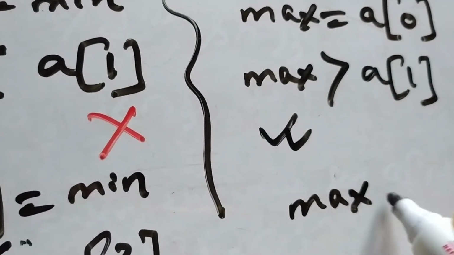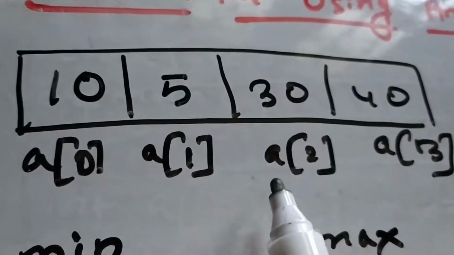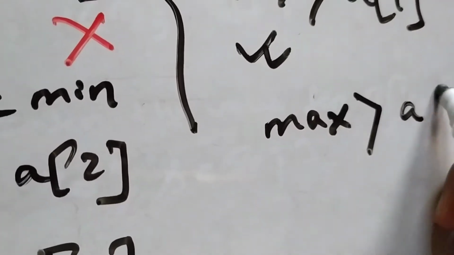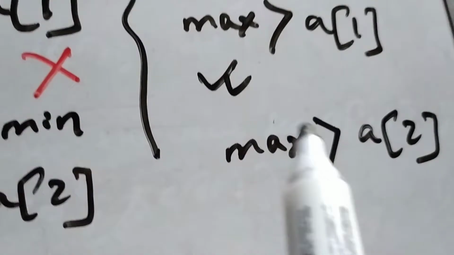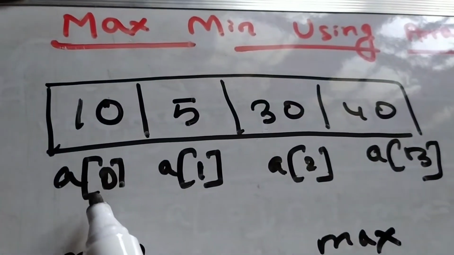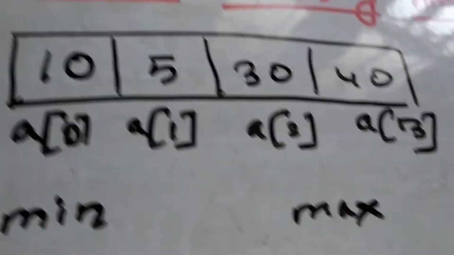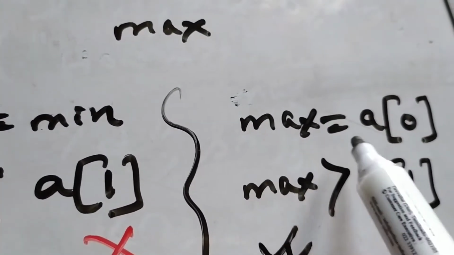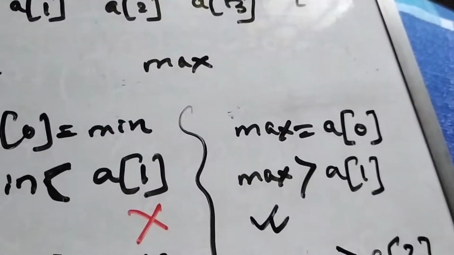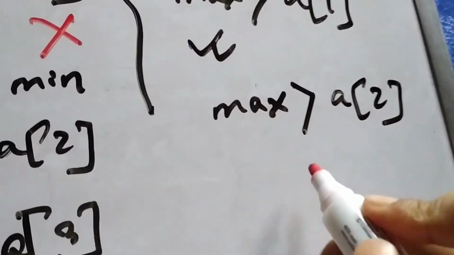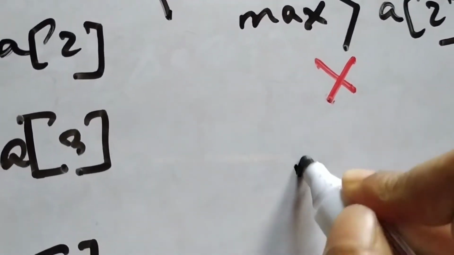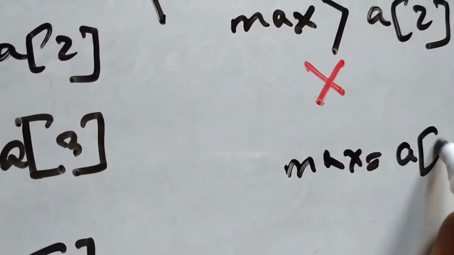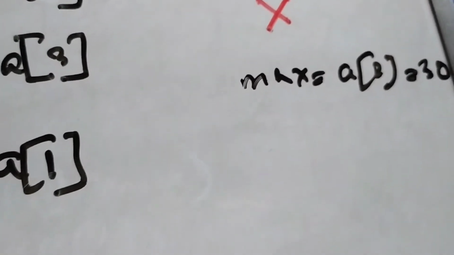Now max greater than the next value, a2. But a2 is 30, and max, that is a0, is 10. I have already assigned max to a0. So this condition will fail, and the new max is a2, that is 30.